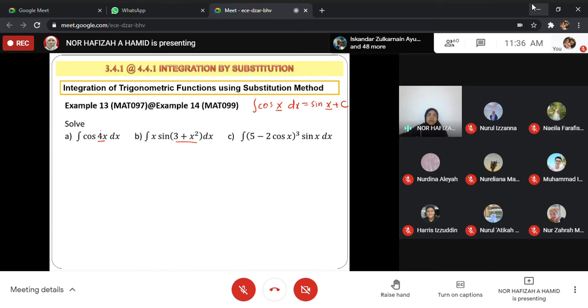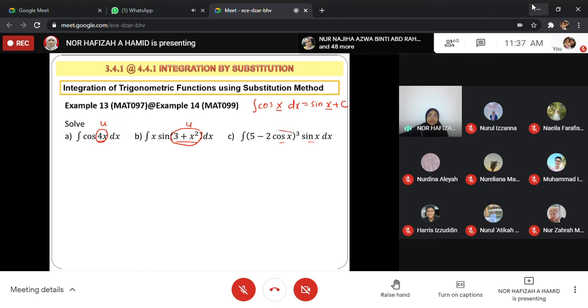So for example 13a, you need to integrate cos 4x. We solve using the substitution method, with u being the angle of the trigonometric function. Same for b, to solve using substitution, u must be this, the angle, or the function of the trigonometry. For C, because it involves two trigonometric functions, cos and sin, u you need to take is the one inside the bracket.